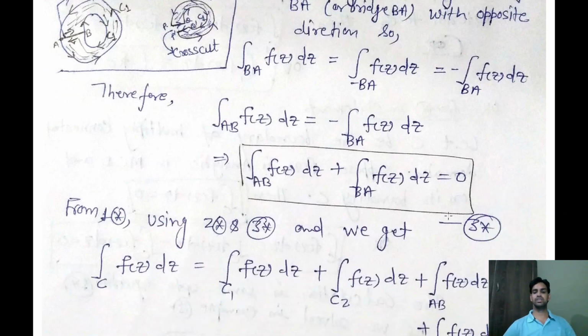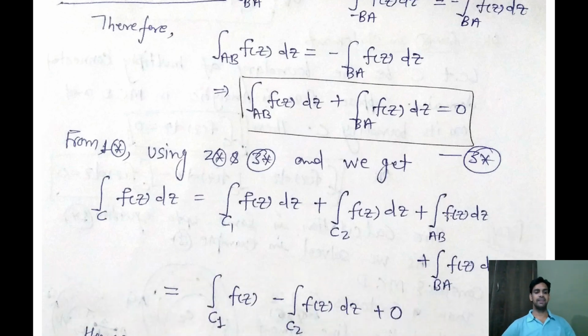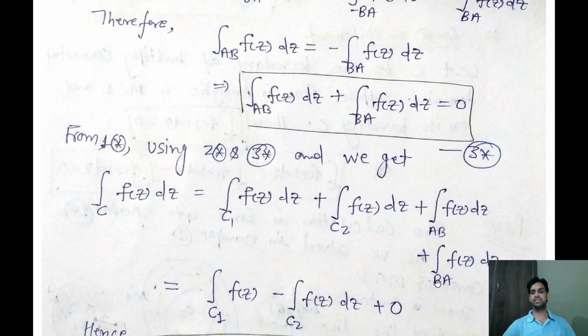Now I am using both equations, second star and third star, and from first star I am rewriting the equation. Integral of f(z) over C equals the integral over C1 plus the integral over C2 plus the integral along the line segment AB and the integral along the line segment BA. From third star, that value is 0, and from the second equation, the value is minus the integral of f(z) over C2.